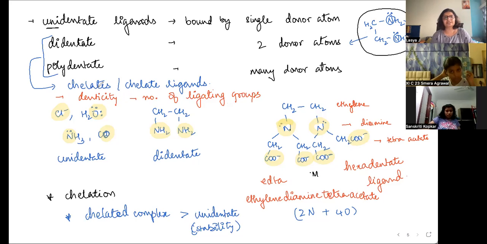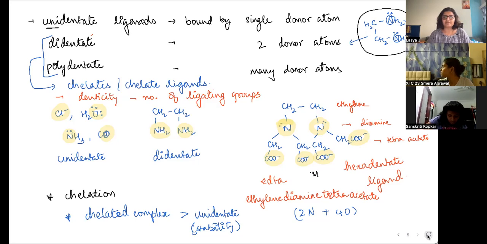So based on the denticity, you have unidentate, didentate, polydentate. If there's more than one, it kind of forms a ring structure. So that's called a chelate or a chelate ligand. And that process is called chelation, forming that ring structure. And the special thing about a chelated complex is that it is more stable than a unidentate complex. That's the important thing.